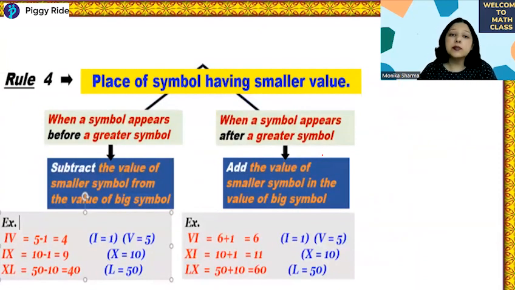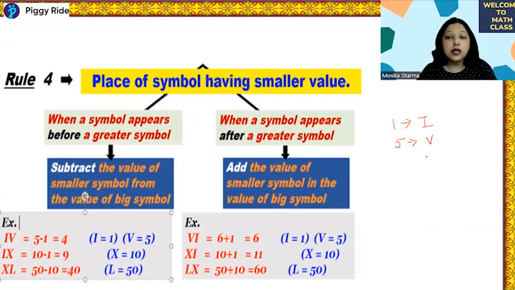Now, the place of the symbol having smaller value. There are 2 cases. If you write a smaller symbol to the left side of a bigger symbol, the value will be subtracted. And if you write a smaller symbol to the right side of the big symbol, then the value will be added. Now you know I is for 1, and V is for 5.